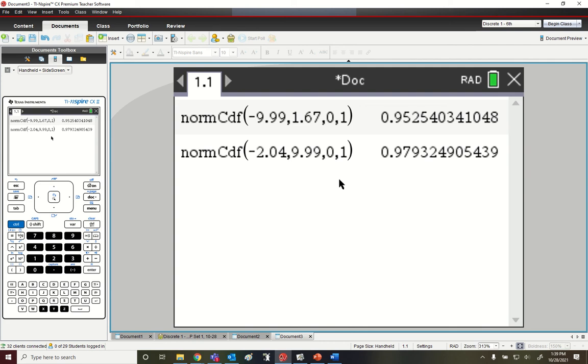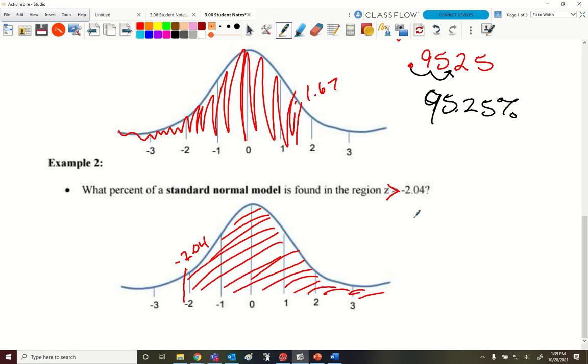So the percent that is greater than my negative 2.04 is going to be, as a decimal, 0.9793. And then it turns into 97.93%.